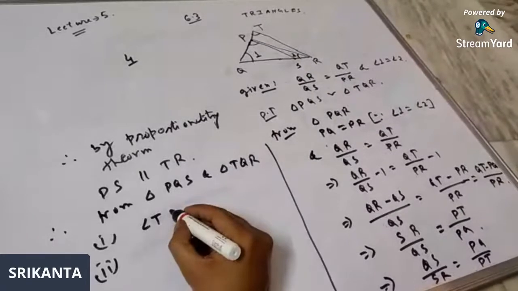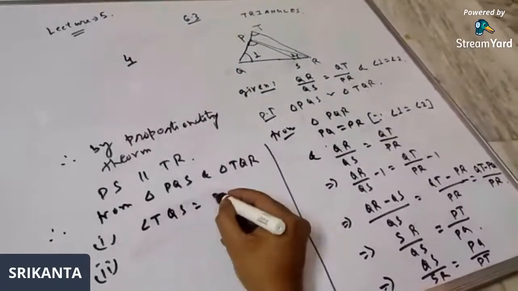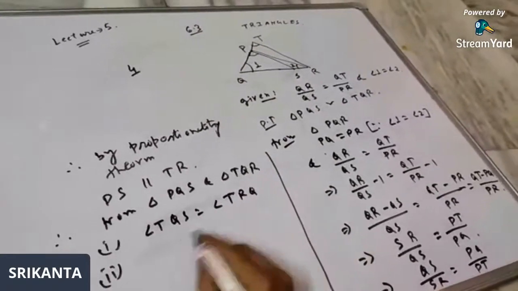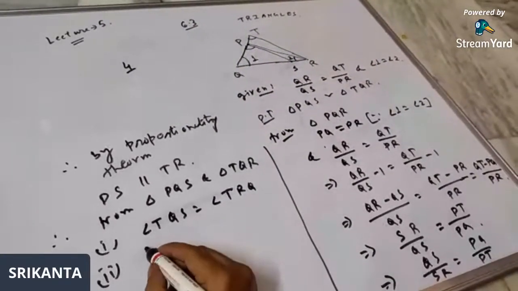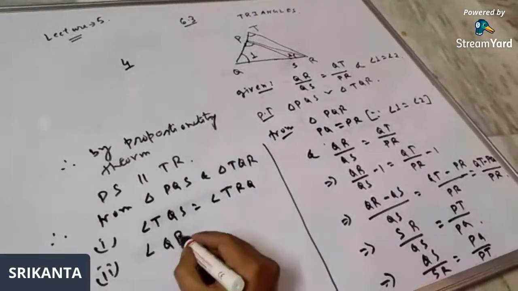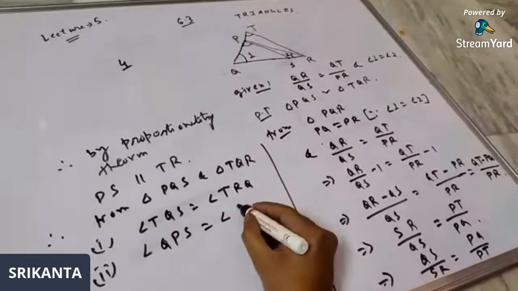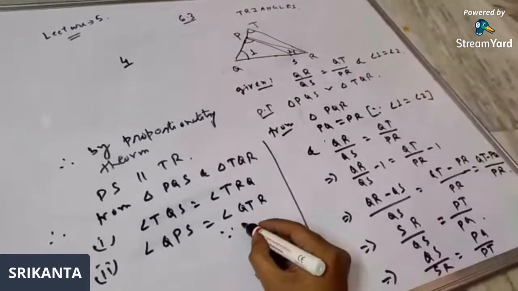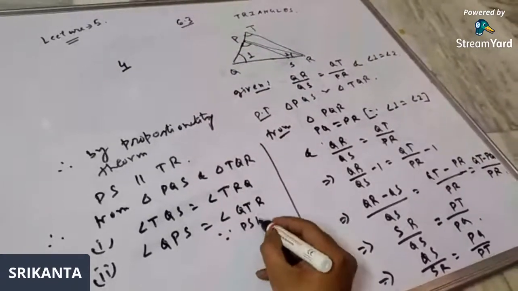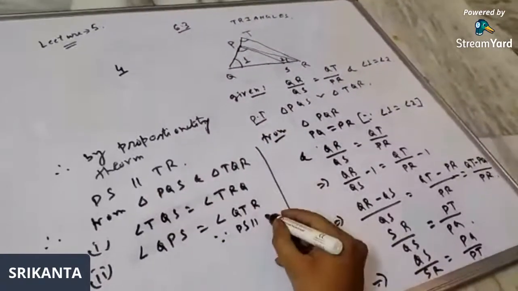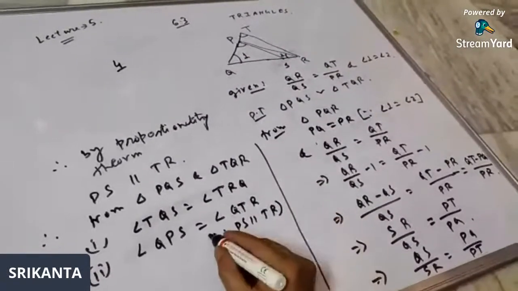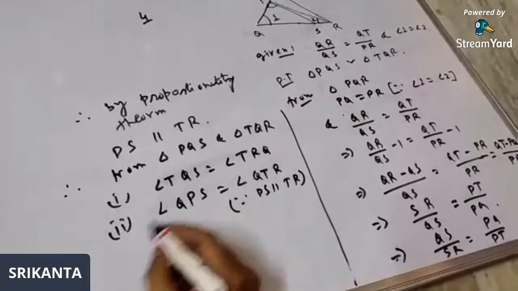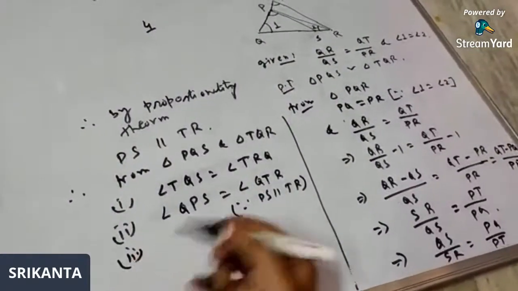So we have angle TQS is equal to angle TRQ. Number 1. Number 2, we have angle QPS is equal to angle QTR. Why? Since PS parallel TR, this becomes similar angle, then this angle becomes similar angle. Right? Since two of the angles are equal, therefore third angle should be equal.